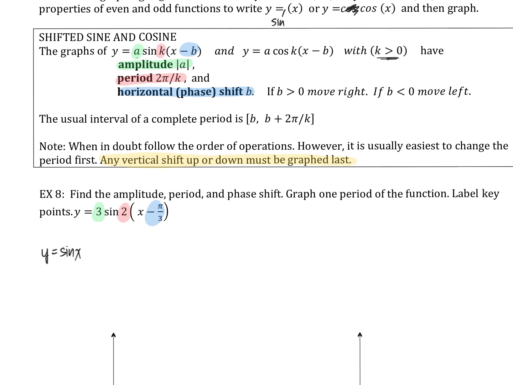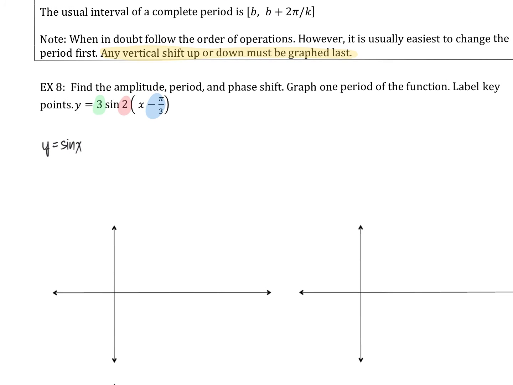All right, so we've found the 3 different things: our amplitude, our period, and our horizontal phase shift. So after graphing the parent function, we're going to go ahead and graph the new period. So what is our period going to be? Well, it's always going to be 2 pi for sine and cosine, and then we'll divide by the value on the inside with sine, which was 2, which gives me the new period of pi.